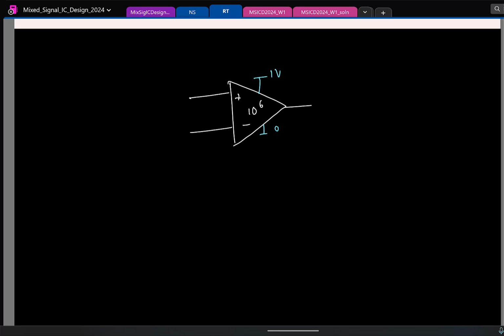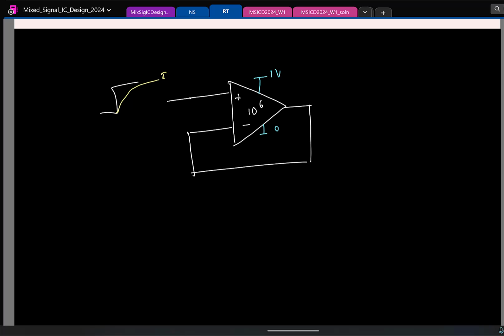And why did I have to have such a large gain? To be used in negative feedback. So it should make sense that I can only measure it in negative feedback. One simple thing is put it like this. Give a step here. I give an example. So the output will basically, let's say, settle like this. You find what is the steady state error and you do that. That's how we measure it. Otherwise, you can't do anything.